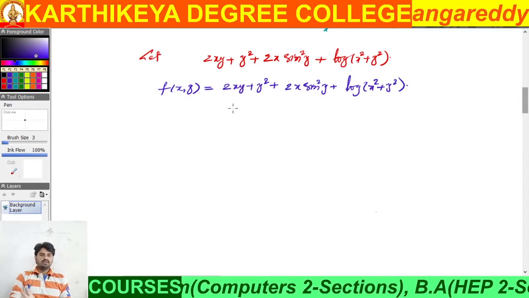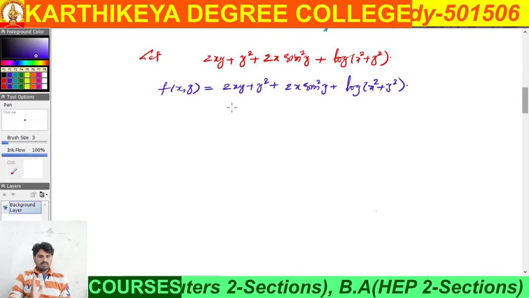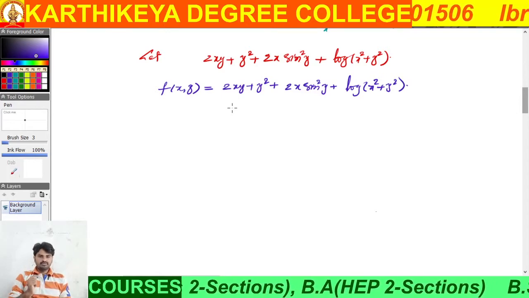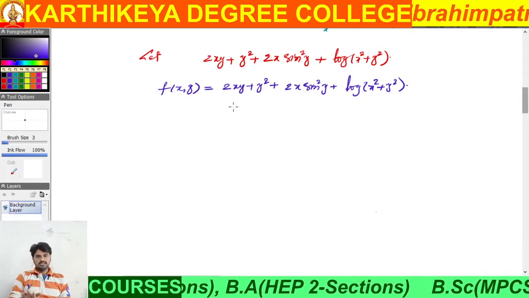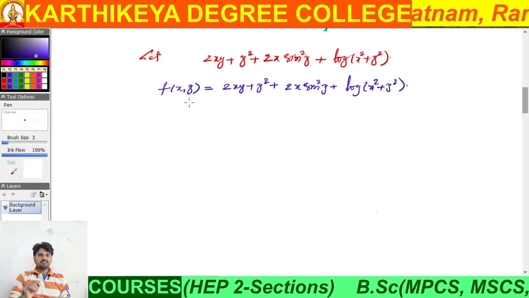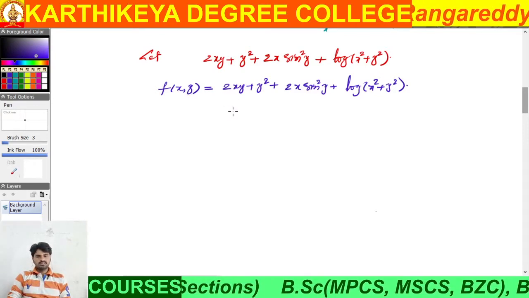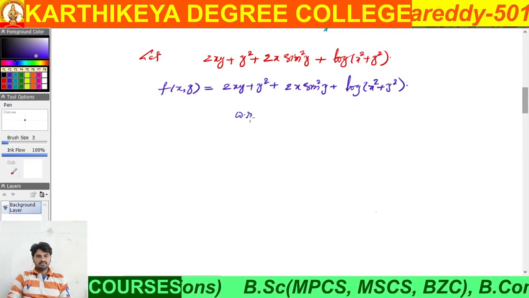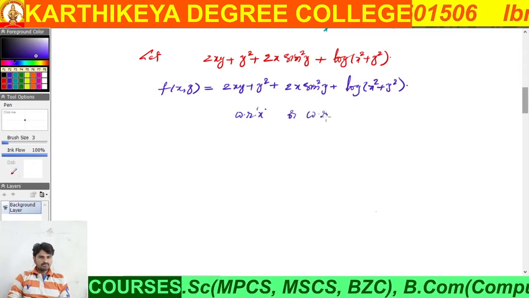Whenever you see a function in two variables, we can differentiate that function with respect to either variable. So what are the two variables here? The x variable and the y variable. So to differentiate this function, we are going to differentiate with respect to x or with respect to y.